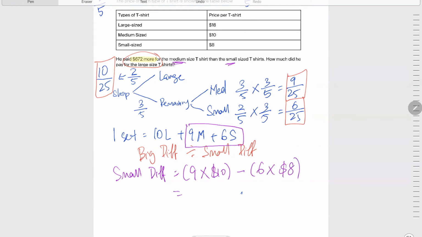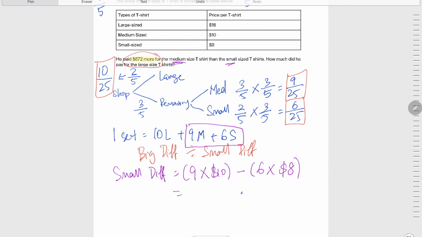That is what small diff is, because in every one set, the smallest possible set, I have 10 large, 9 medium, 6 small. The question gave you the big difference, which is 672, which is the difference between the medium and the small. So I don't have to care about large for now, because the big difference is between medium and small.